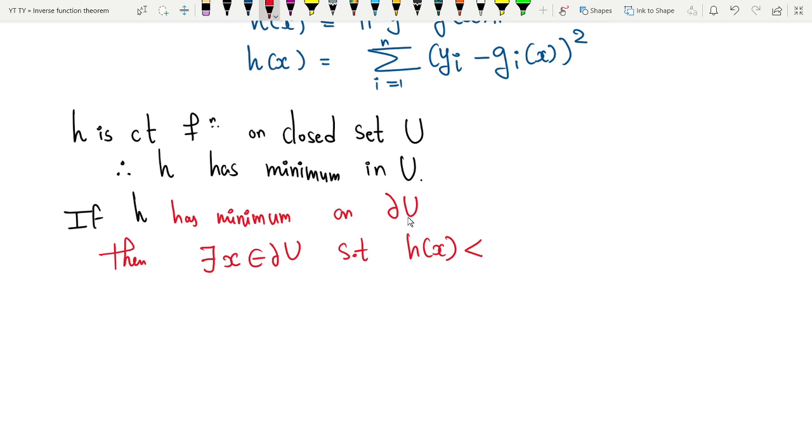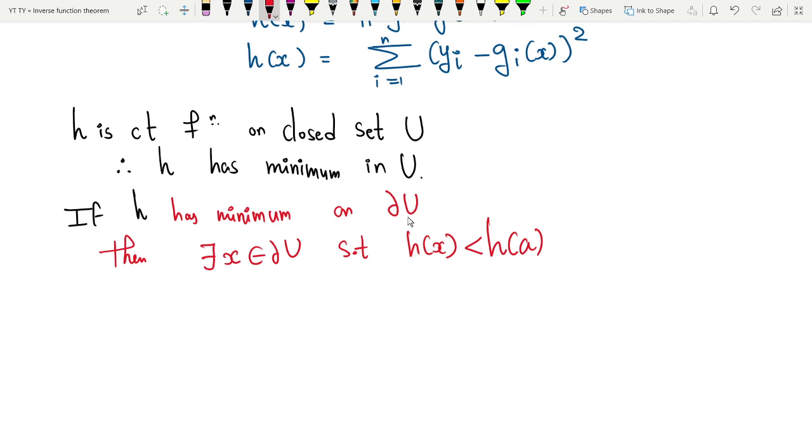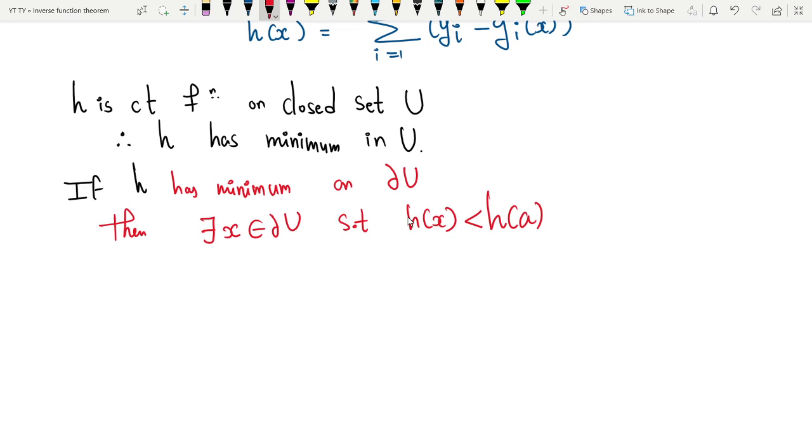But my h(x) would be even less than h(a) also. Right? a is the point which is our center. So if my h(x) is less than h(a), then by the definition, the norm of y minus g(x) becomes less than the norm of y minus g(a).